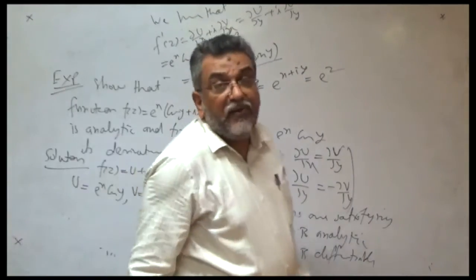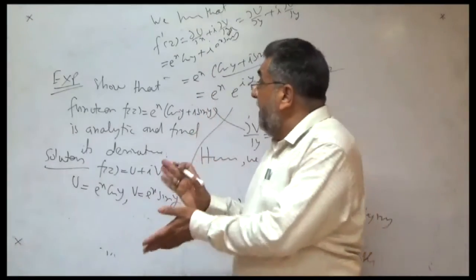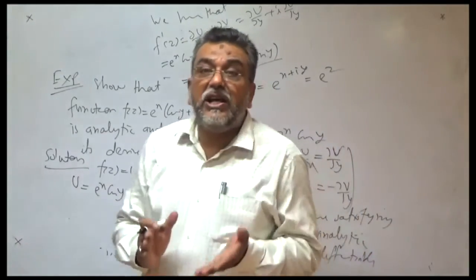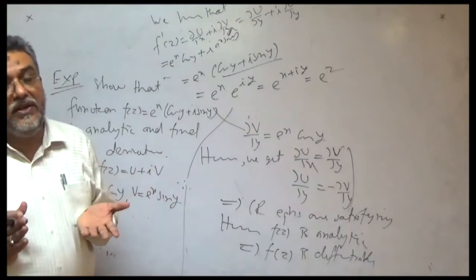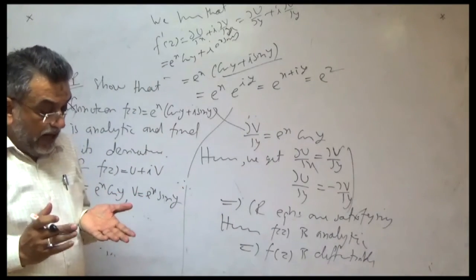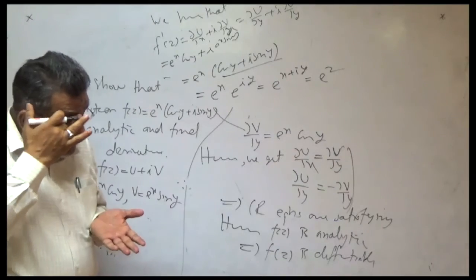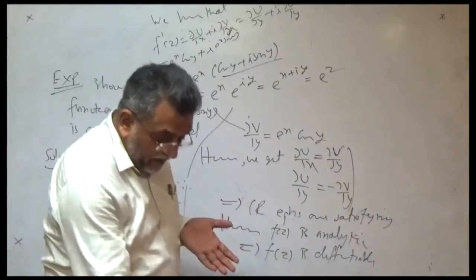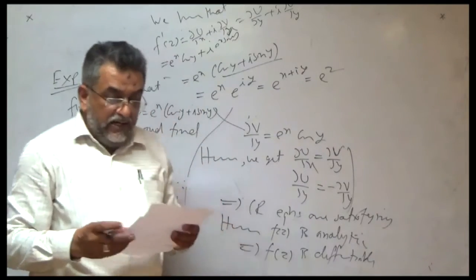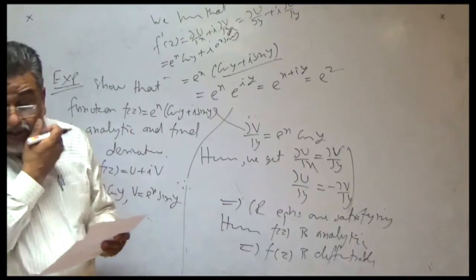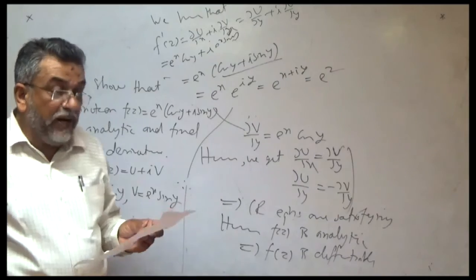By the CR equations, in a similar way, we can check whether a given function is analytic or not in a region. Now, I will take another example in which a function is given and discuss the analyticity of the function for various paths.